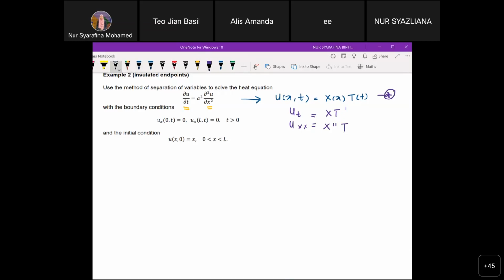According to the problem, you should have del u del t, where it is ut, and you should have del squared u del x squared, where you should have u double x here. Where this one, you just differentiate t about once, and this one, you just differentiate x about twice. Clear or not?